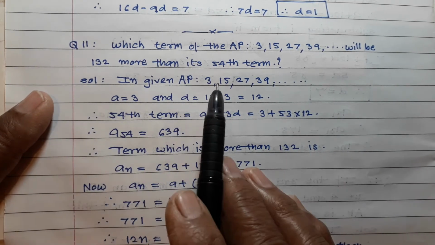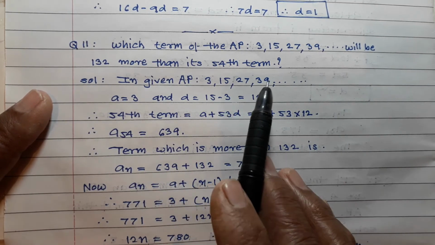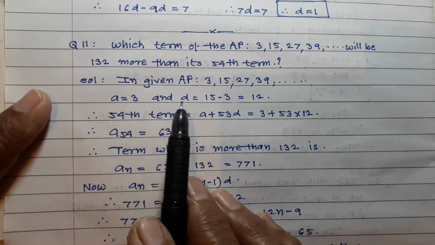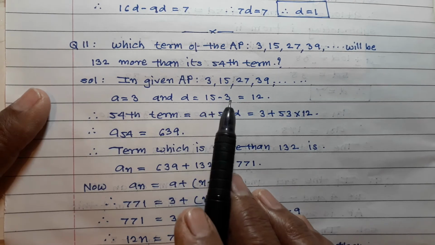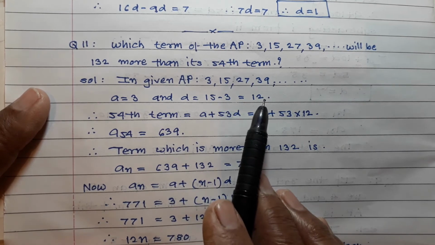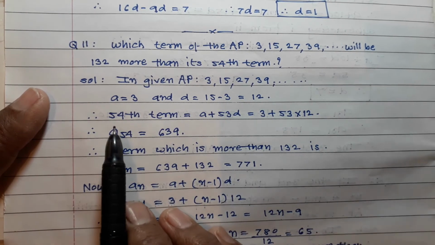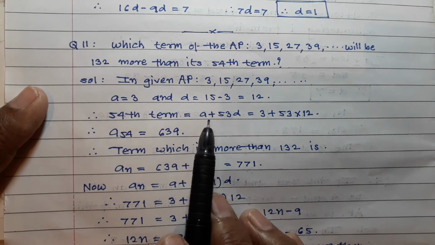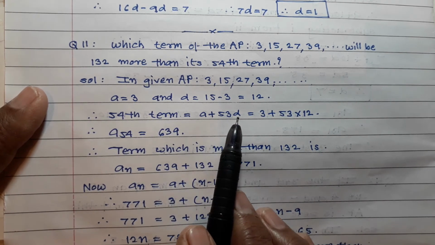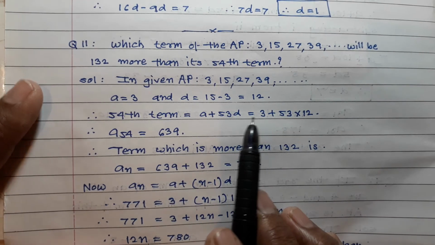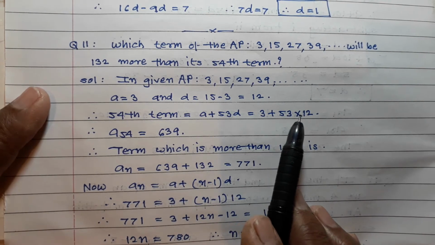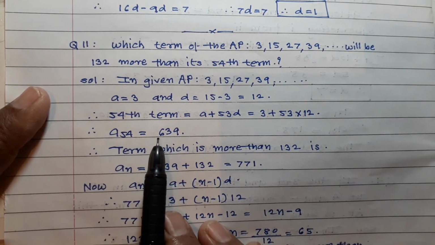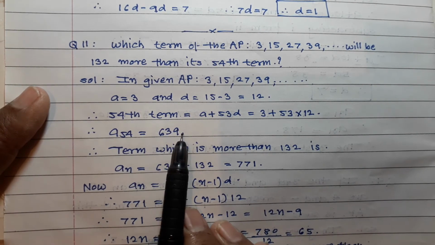In the AP 3, 15, 27, 39, A is equal to 3 and D is equal to 15 minus 3, that is 12. So the 54th term is equal to A plus 53D, and therefore 3 plus 53 into 12, that is A54 is equal to 639.